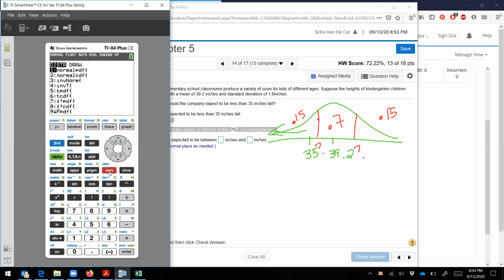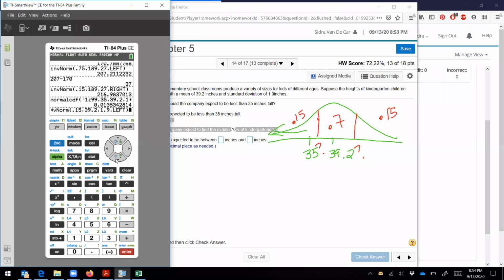So second distribution, inverse norm, 0.15 with a mean of 39.2 and a standard deviation of 1.9. And that's on the left. And that gives me 37.23. And then I can do 0.15 on the right.